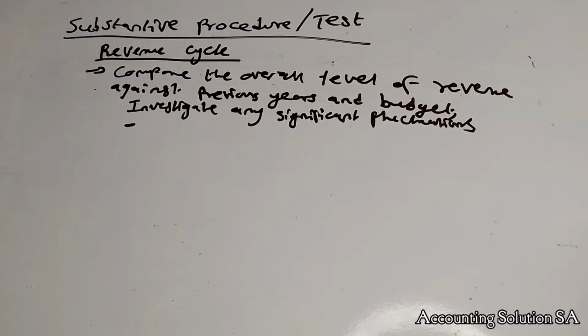In most cases, on a scenario of auditing, you will find that the scenario that you have been given has a problem. Remember, if there is no problem, you can't be tested. You can't be tested if there's no problem.